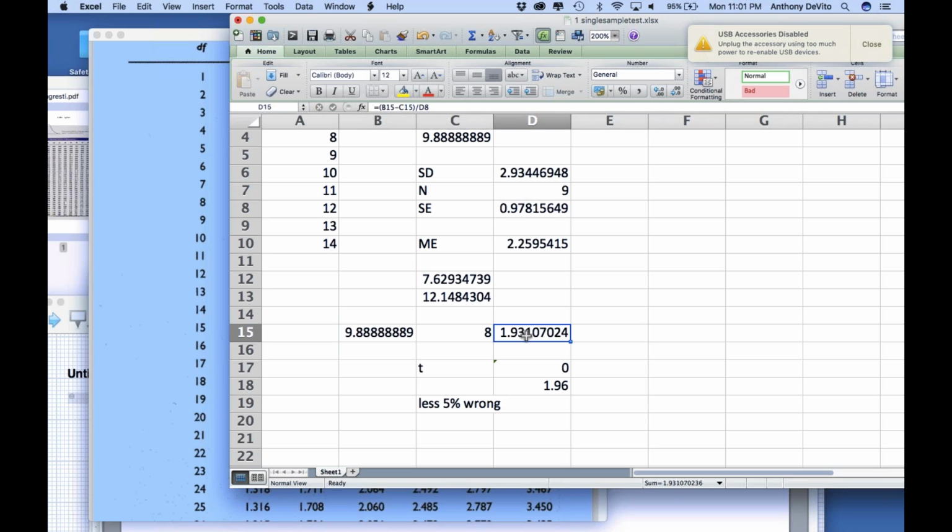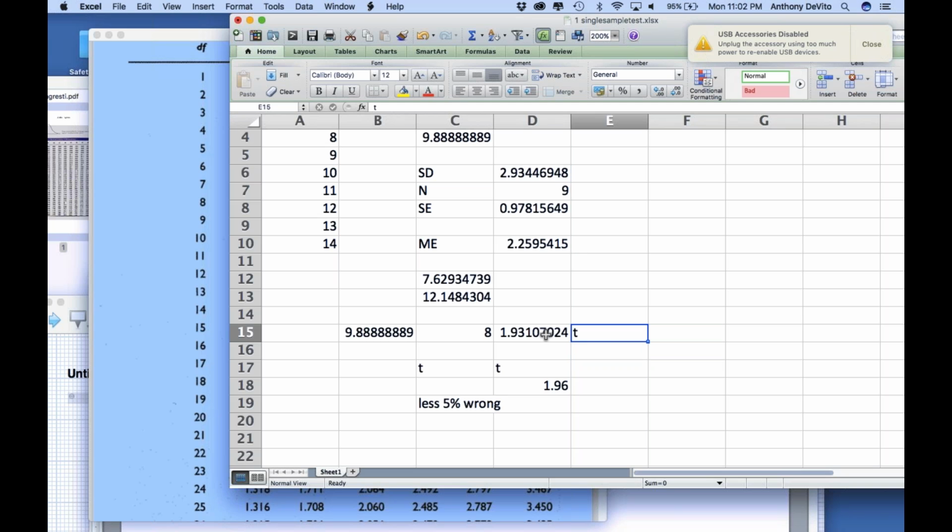Well, the only problem now is that instead of comparing this to 1.96, I got a little bit of a problem here. I don't know sigma. I can't use a z-score to compare it to. I have to compare it. Is that a big enough t-value? That's a t-value now, not a z-value, because I don't know my population sigma, right?